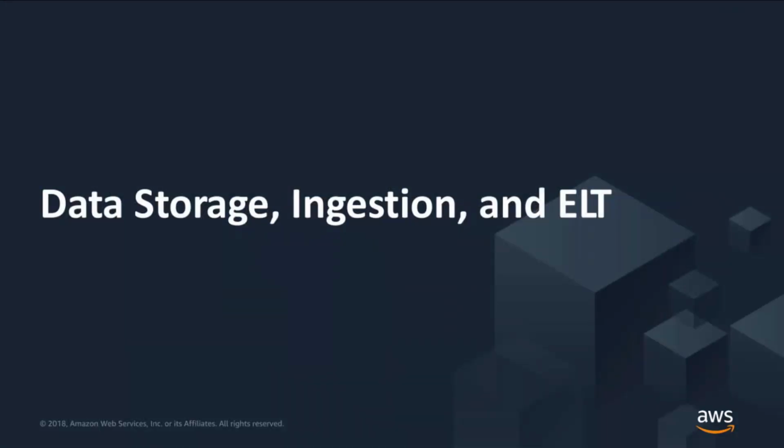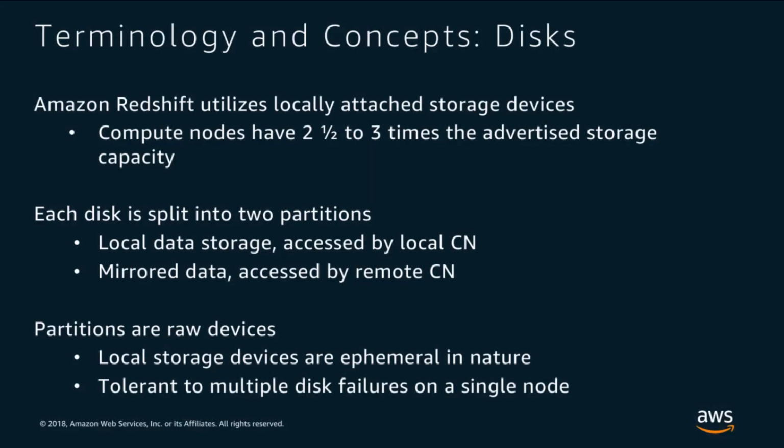So let's talk about data storage in ELT. Just to build up, obviously Redshift has disks. It's backed by EC2. The data storage that we advertise on the Redshift pricing, the Redshift nodes actually have 2.5 to 3 times more storage than we advertise.